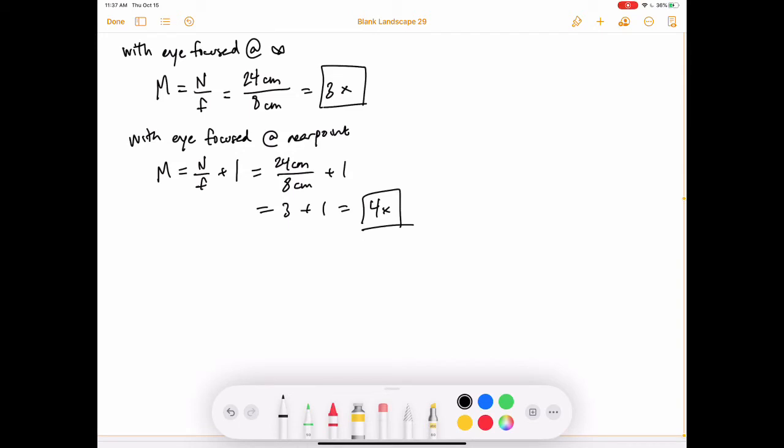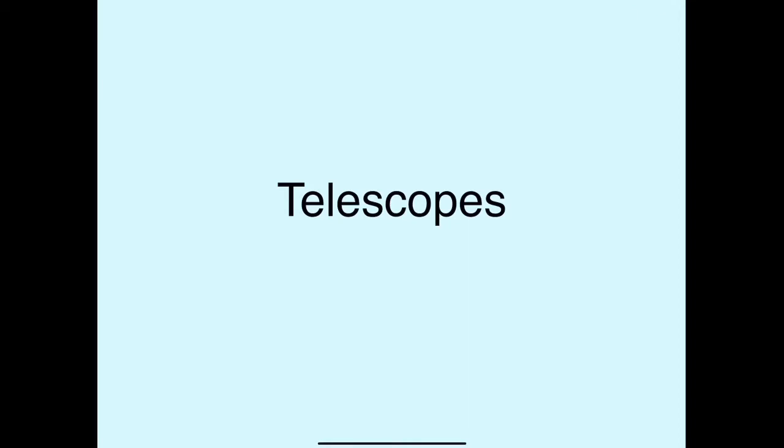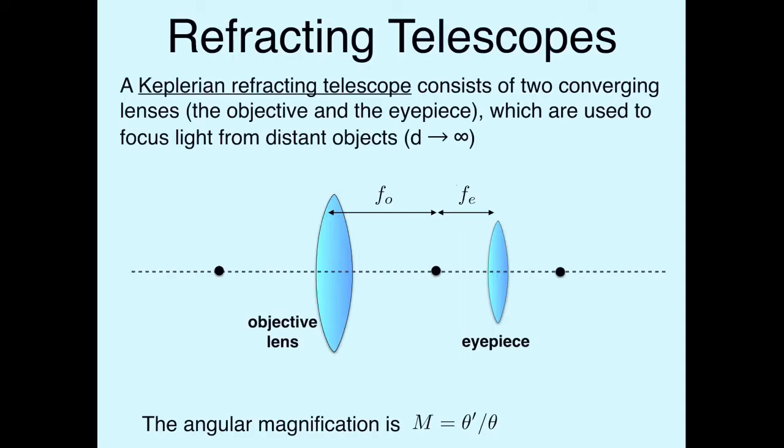Okay, so pretty simple. Next, let's take what we've learned so far about lenses and mirrors and apply that knowledge to understand how a telescope works. It turns out there are many different types of telescopes, different designs, and broadly speaking, we can classify telescopes as either refracting, which means the telescope is made out of different lenses, or reflecting, meaning the telescope is made out of mirrors.